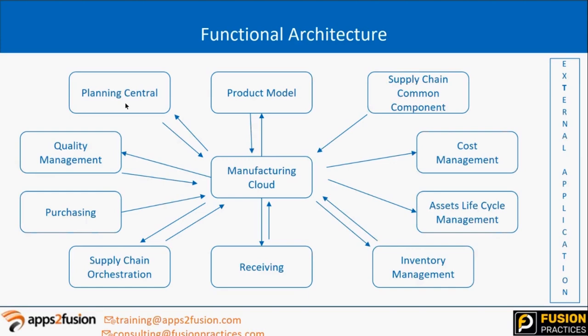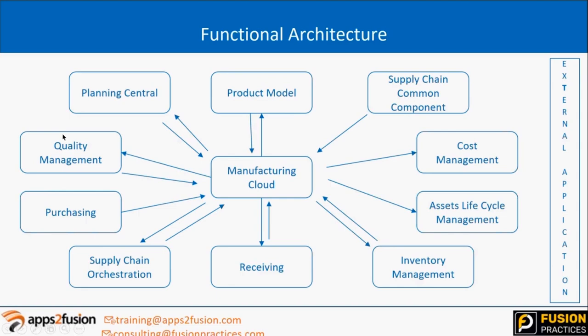It could be a material source, it could be like your labor or equipment, and so the planning has a process of collecting all this information from the manufacturing cloud, and then when it runs its planning engine, it takes into account all the factors of how much a resource is being used, or what all work orders are planned, and how much resource consumption is going to be there. So based on that information, if there are new work orders coming in, planning has an idea of when a resource is going to be available.